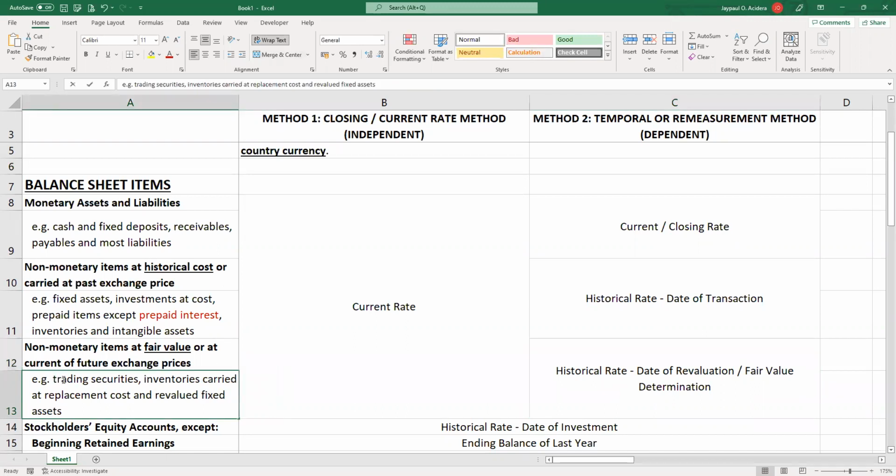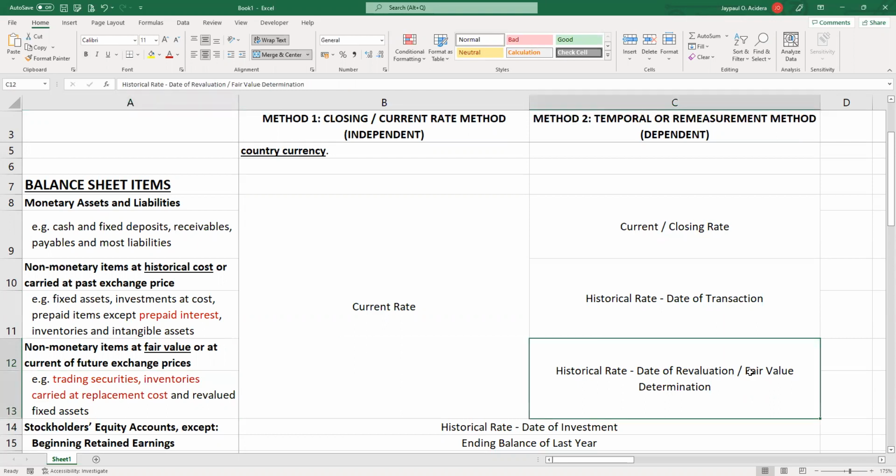Okay, but for the trading securities and inventories carried at replacement cost, no, ito yung mga assets or non-monetary items at fair value. We use the fair value determination date. Okay, fair value determination date. So, ba't kailangan mo siyang i-highlight or kulayan ng red? Okay. Later class, may problem tayo dyan, no?